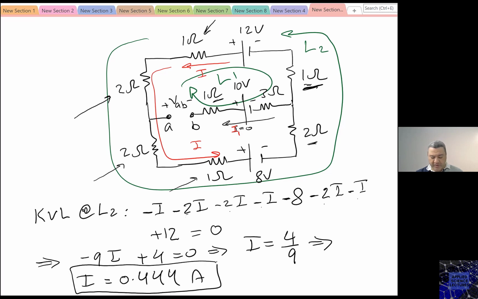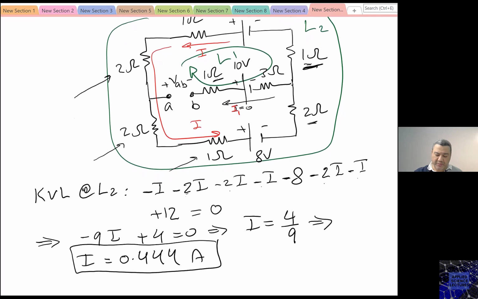So this is the current. I got the current from the bigger loop because I only have one variable. Now I can make use of this I and find the VAB in loop number 1.